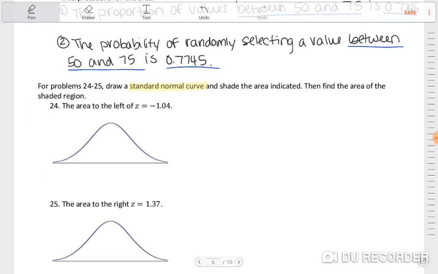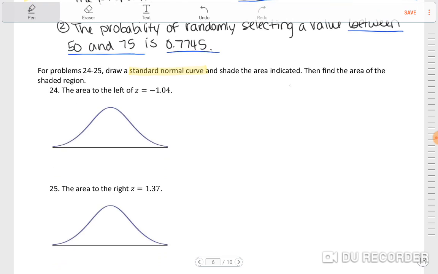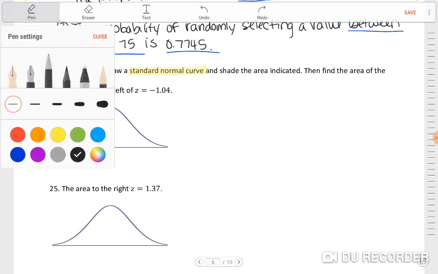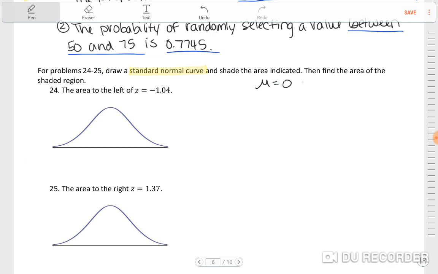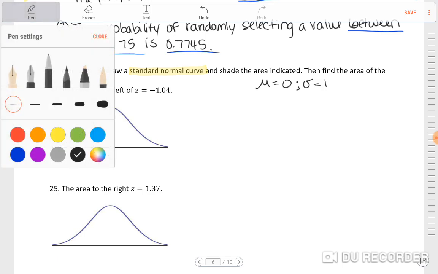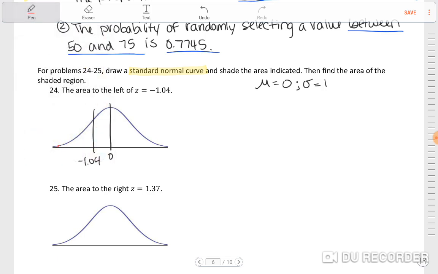And when we're in terms of z, that means that our mean is going to be 0 and the standard deviation is going to be 1. That's just what it is for the standard normal curve. Okay, so the area to the left. Because we're in terms of z, we're going to put 0 right in the middle. That's what I will be looking for. And then you're going to put your negative 1.04 on your graph. Well, negative numbers should be to the left of 0. And it says the area to the left. So we're going to shade the area to the left of this.